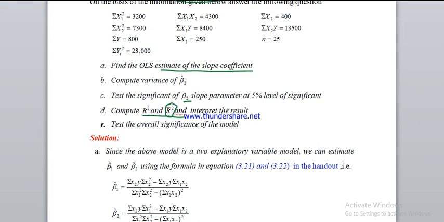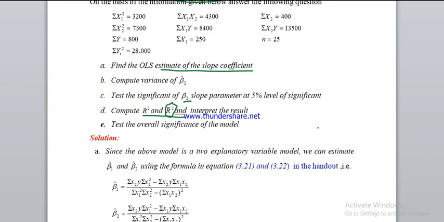Adjusted, because in case of multiple regression, when we increase the number of independent variables, the value of R square may increase. That means it increases by adding more variables, even if the added variable has no relationship with our dependent variable.